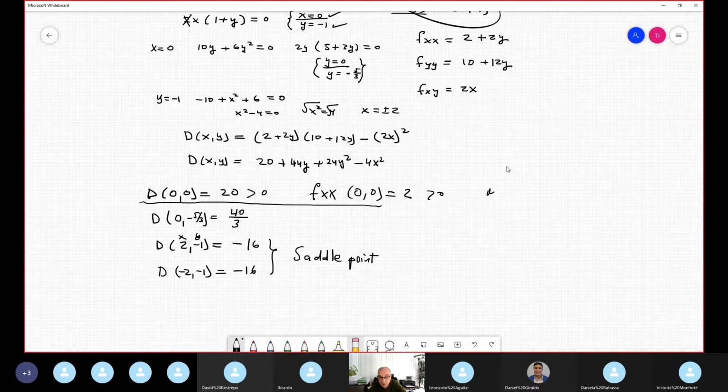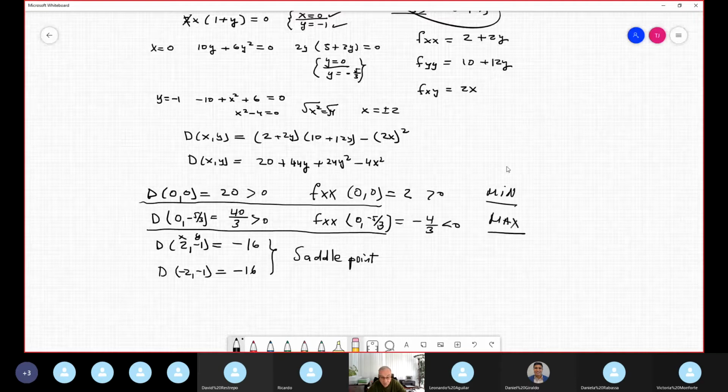This point is a minimum, a relative minimum or local minimum, whatever you want to call it. And the second, you evaluate the second derivative f_xx at the specific point (0, -5/3), and the answer is -4/3. Therefore, it's a maximum.